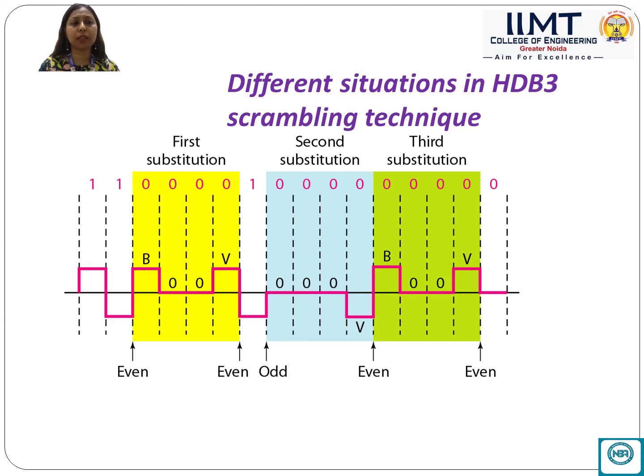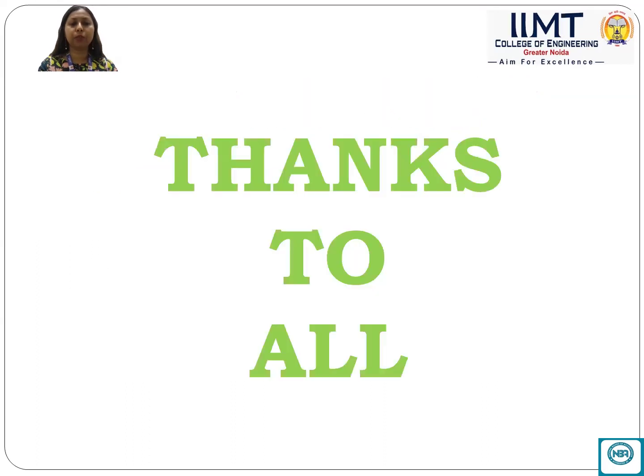That's why we are using here the technique 00 violation. After that, again the data are in even number. That's why we are considering the level is bipolar 00 violation. And that is the main scrambling technique. Thank you.